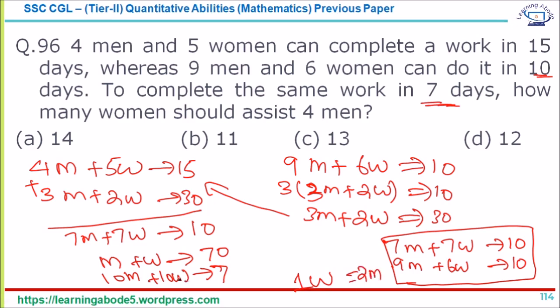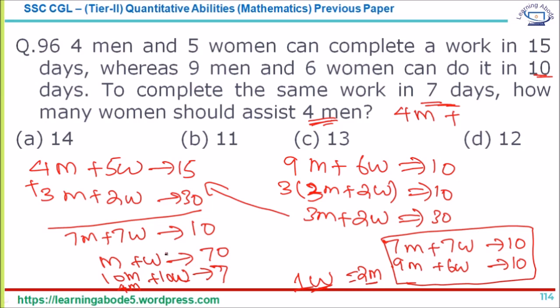Now here, okay, 10 men and 10 women can complete the task in 7 days. Now what we want is with 4 men we have to complete. Okay, if 4 men we have to complete, right? Now here 10 men and 10 women can complete task in 7 days. Now if you have only 4 men, that is you need to replace 6 men. Okay, so you need to replace 6 men. Now here we get 2 men equal to 1 woman.